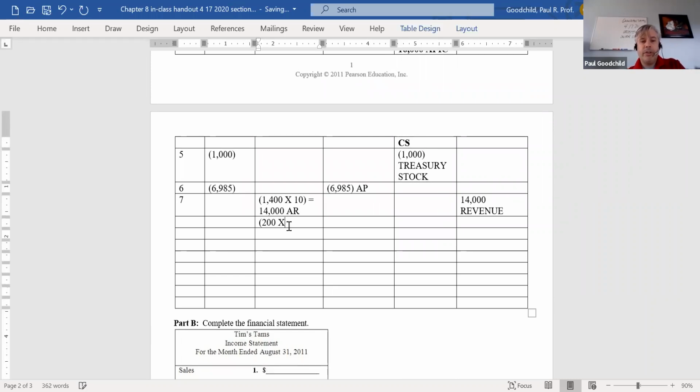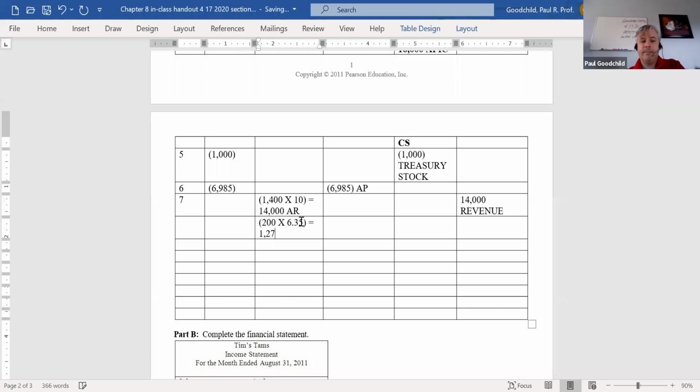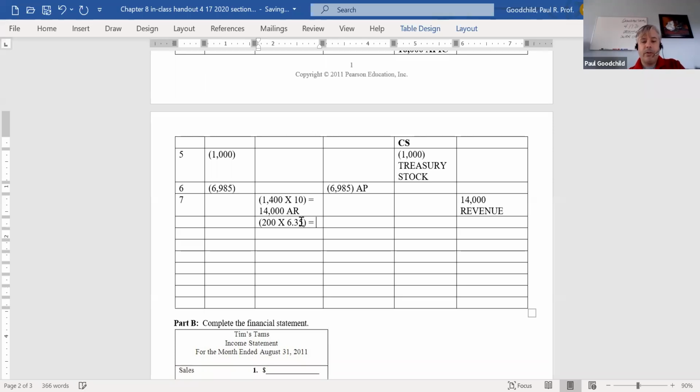So 200 times 6.35. Take me a second to calculate it. That's 1,270. And that reduces our inventory.